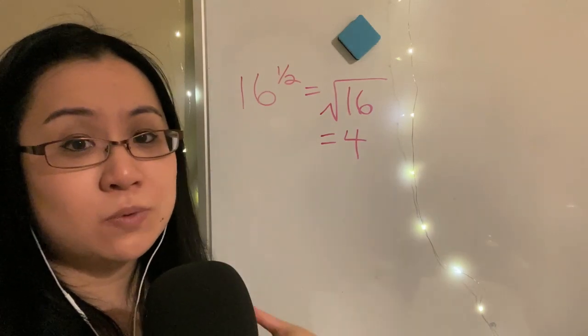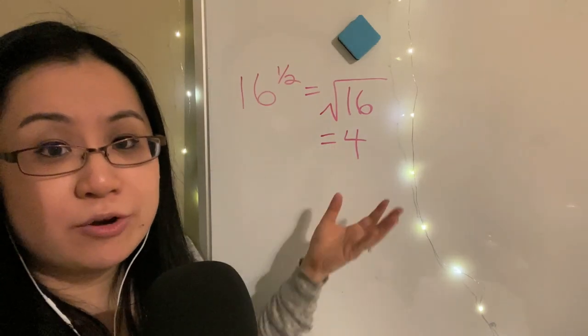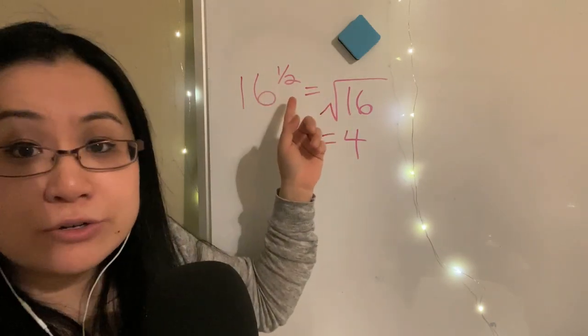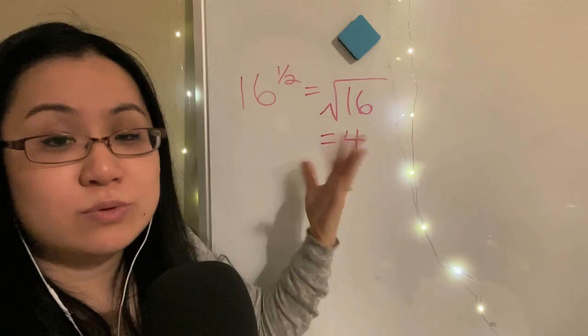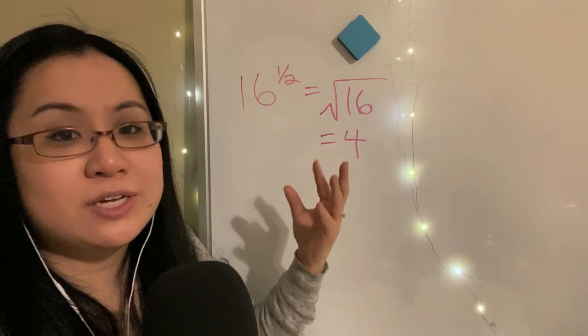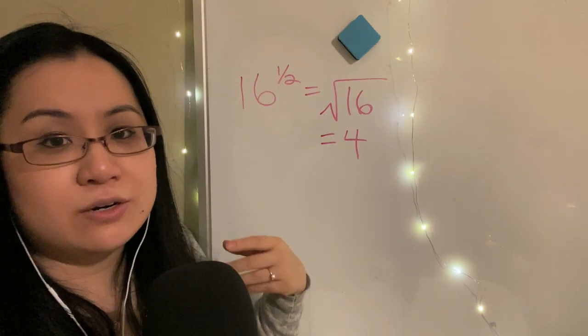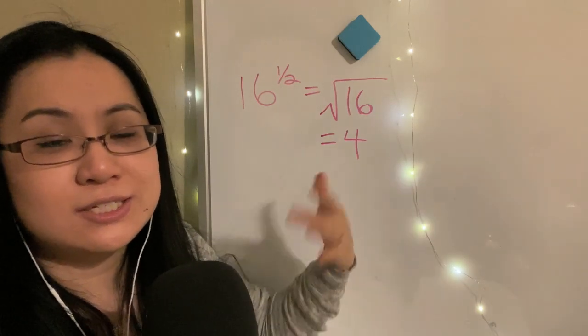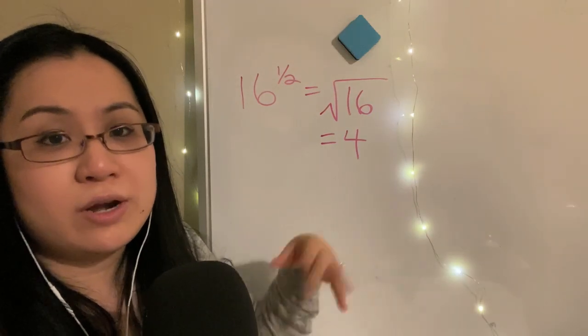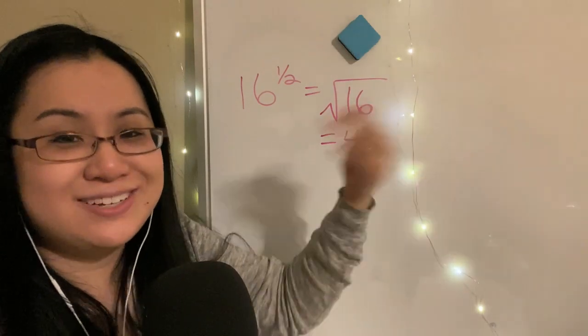So this works for fractions like 1/3 or 1/7, right? So if we have 1/3, it would be the cube root, which is the opposite of cubing. So instead of saying 3 cubed is 27, the cube root of 27 is what number cubed gives me 27.